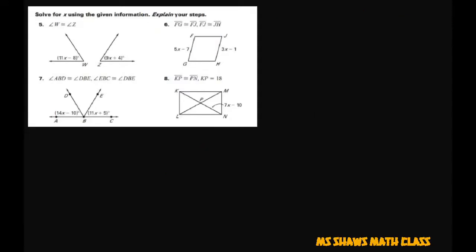Okay, the next one we're going to solve for is this one. So we have ABD is congruent to DBE. So these are the same. And also EBC is congruent to DBE. So that's the transitive property. That means I can set these two, ABD, is congruent to EBC.